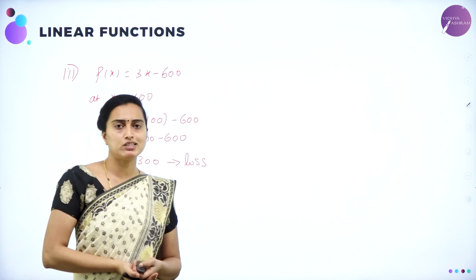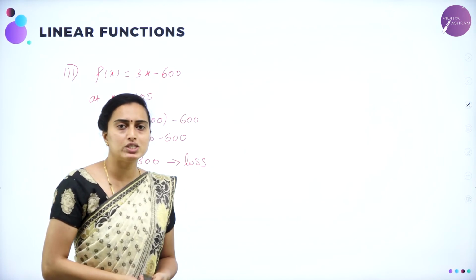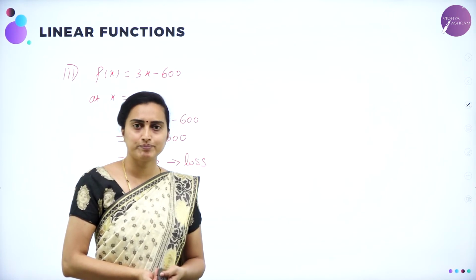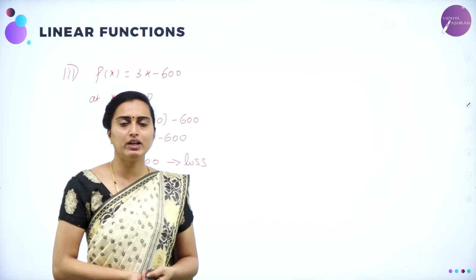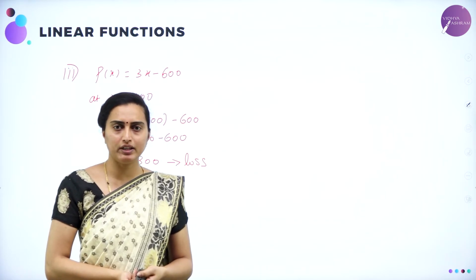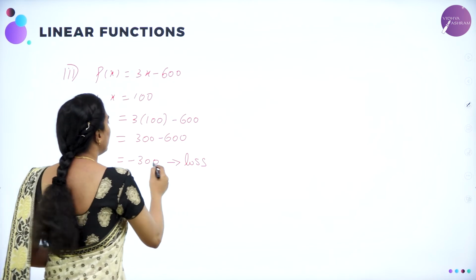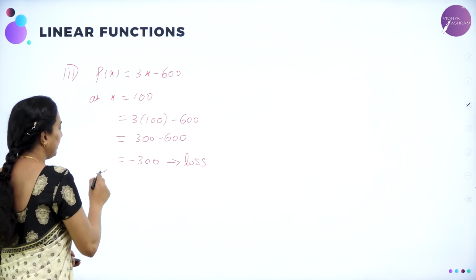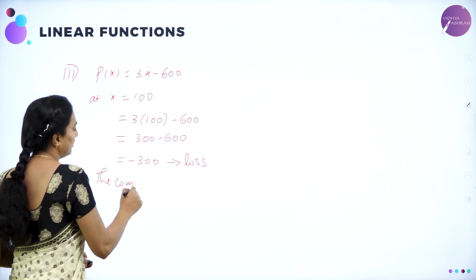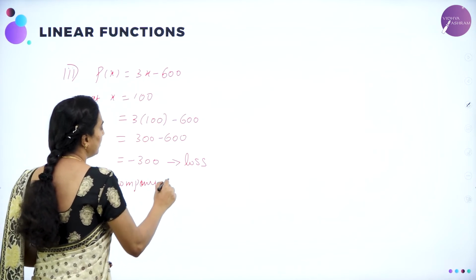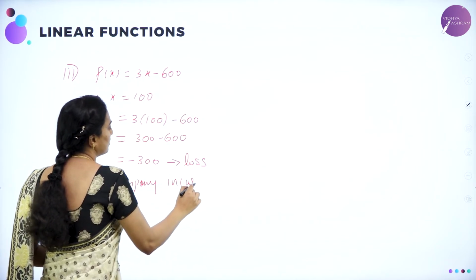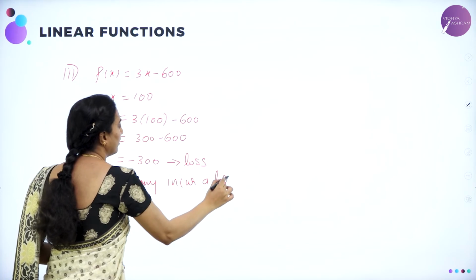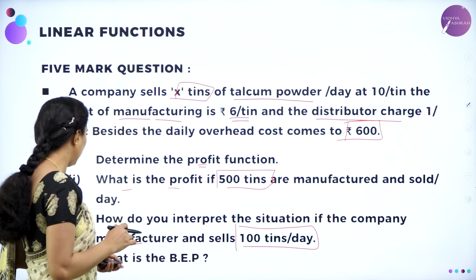So the company will suffer a loss if they sell 100 tins per day. Understood? So negative indicates a loss for the company. So what you are going to write? P of x is less than 0, so the company incurs a loss.